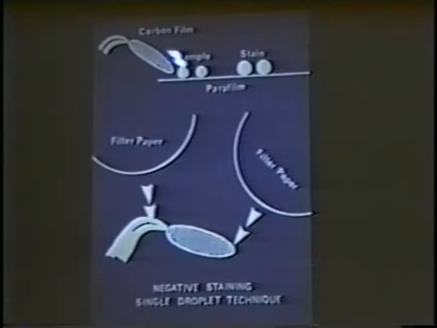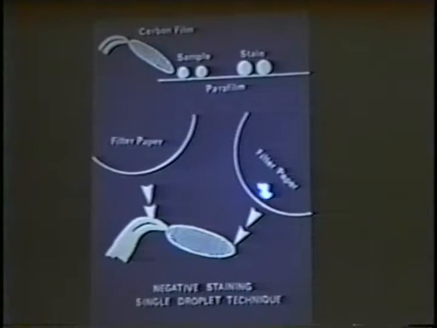In this technique, the protein sample is positioned on a clean parafilm surface and is picked up by a carbon-coated EM grid. The excess fluid is then removed by touching a filter paper onto the edge of the grid. The second stage is when a droplet of the stain is picked up on the same grid and allowed to disperse around the protein layer.